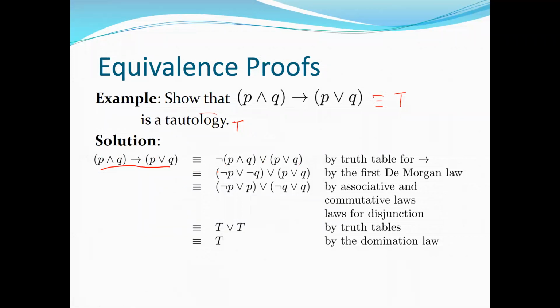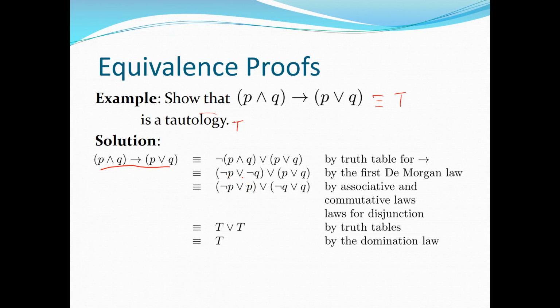All right, and then we can use De Morgan's law. First De Morgan's law for this negation. This negation will be with P, this symbol will be converted to OR, and this negation will also be with Q as well. So not P or not Q, and this remains the same, or P or Q, right? So based on the associative law and the commutative law, we can rearrange it.